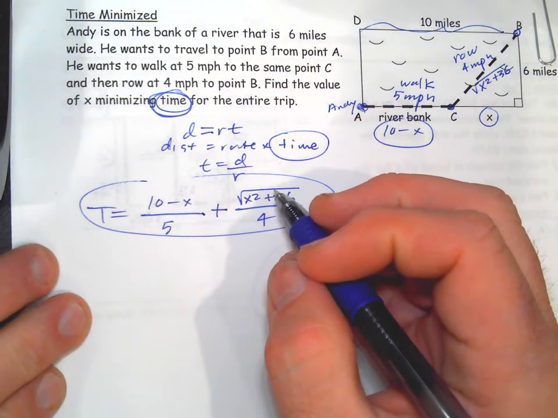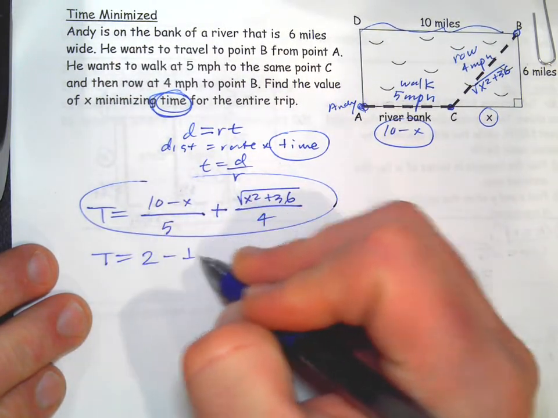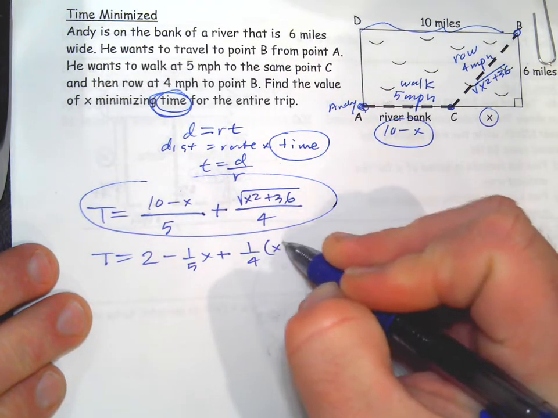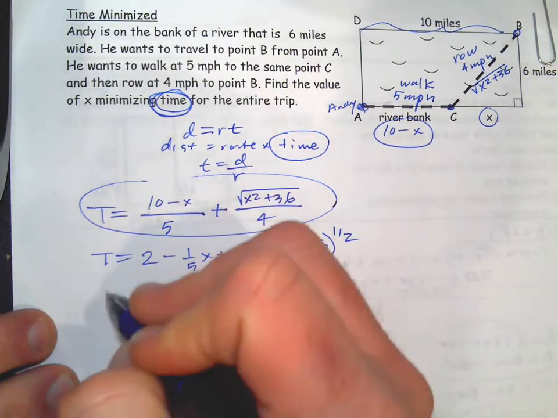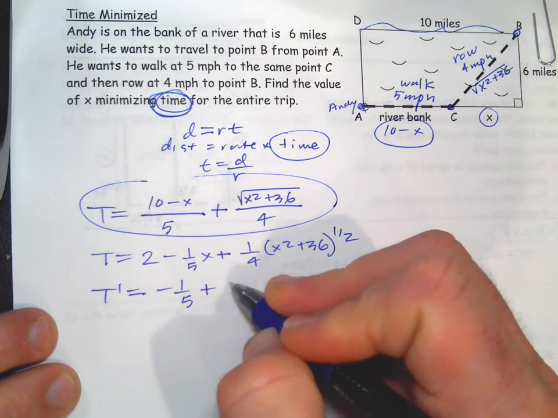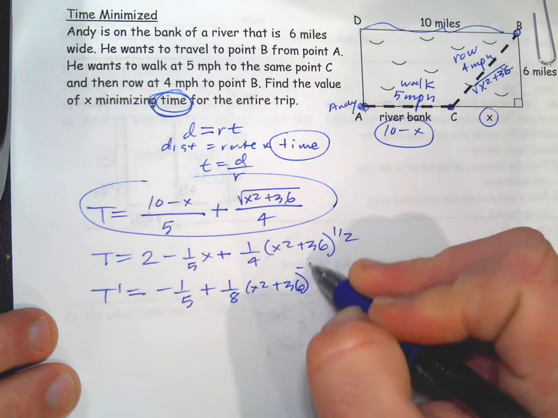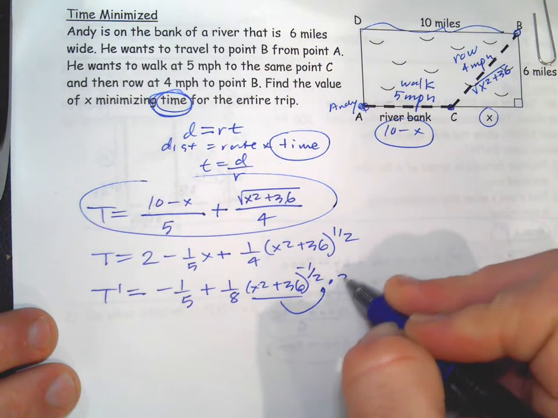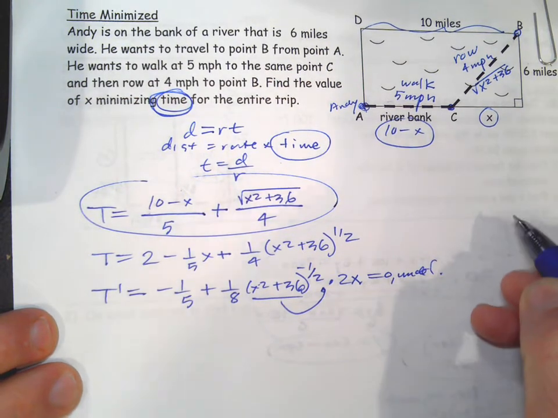Now, as far as taking derivatives, we could distribute this. We could also think of this as 1/4 times (x squared plus 36) to the 1/2 power. For derivatives, that's probably better. So t prime equals negative 1/5 plus 1/8 times (x squared plus 36) to the negative 1/2 times the derivative of what's inside, chain rule, equals 0 or undefined.